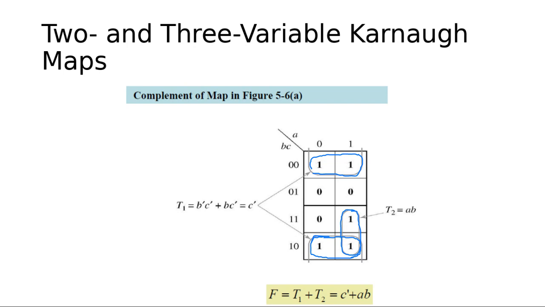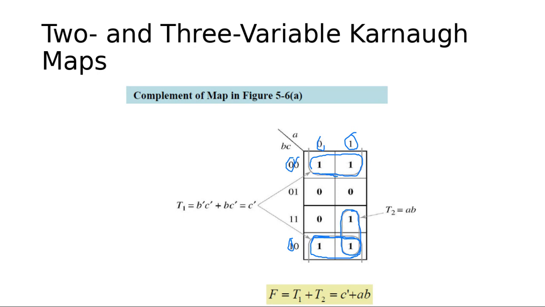Just take a look in here and in here. Which one is changing? A is changing, right? 0 to 0 and 1. B is changing, because in here B is 0, in here B is 1. B is changing.